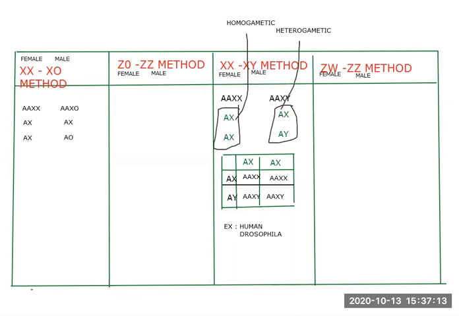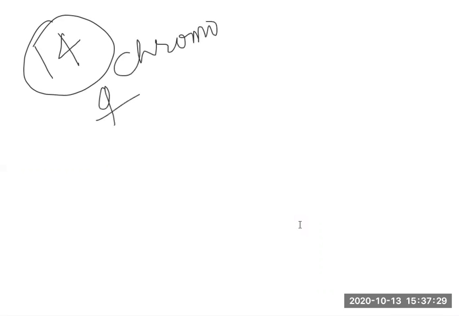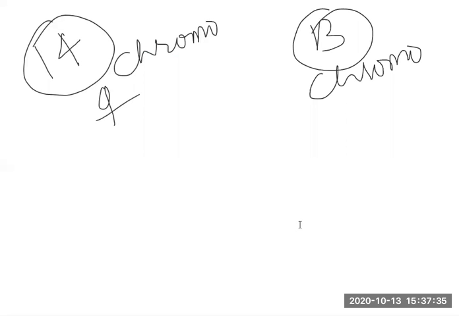This was first identified in a bug called Protenor. In the case of Protenor, 14 chromosomes are present in the female. In the male, only 13 chromosomes are present. Let us see how this is possible.